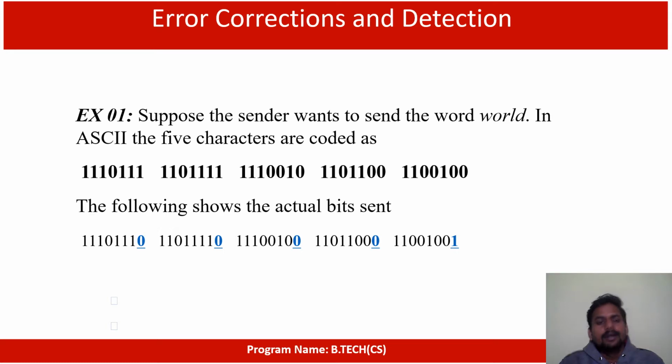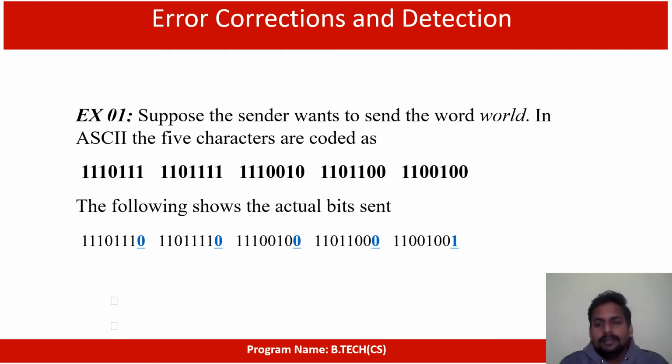Okay, and the next character is O. For O we again have six ones and one zero. So this is also even parity. Exactly, we have six ones, so no modification is needed here. We simply add zero only.